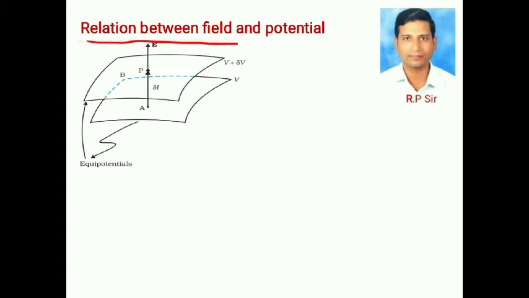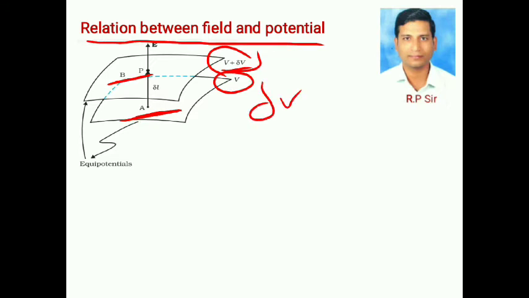Relation between field and potential. Let A and B be equipotential surfaces with potentials V and V plus delta V, where delta V is the change in V in the direction of the electric field.